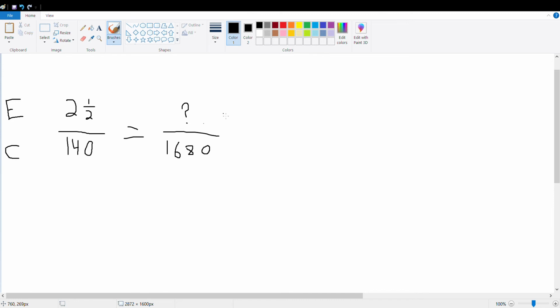The first thing that we're going to do here is we're going to turn 2 1/2 into an improper fraction. So 2 1/2 would be 2 times 2 is 4, and 4 plus 1 is 5. So this would be 5/2. We'll go ahead and fill that in.